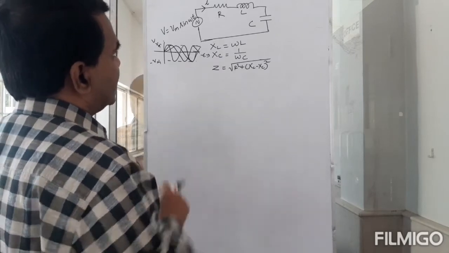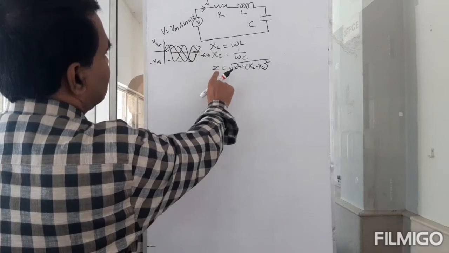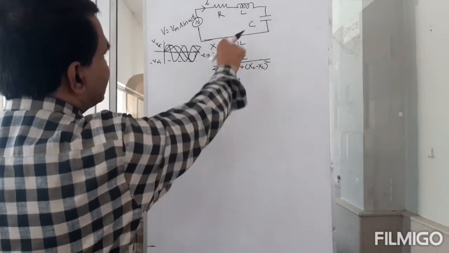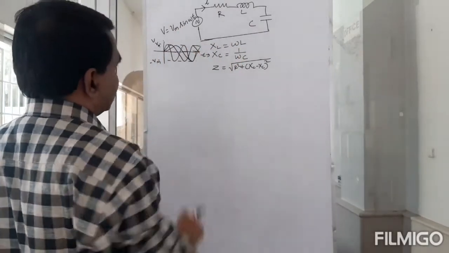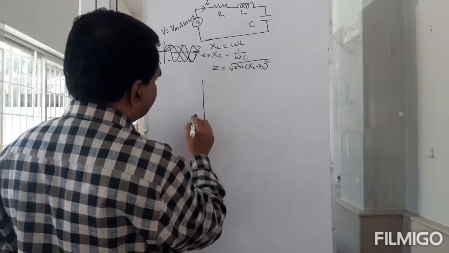So what is going to happen now is that since Z changes, the current in the circuit will change based on the frequency. Okay? So the current will be like this. I'm going to draw it for 3 frequencies now.